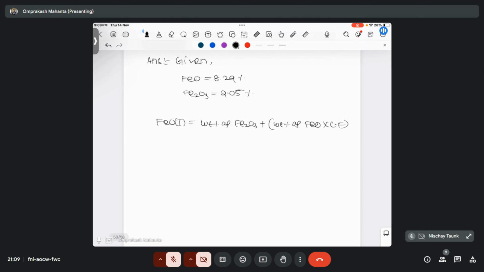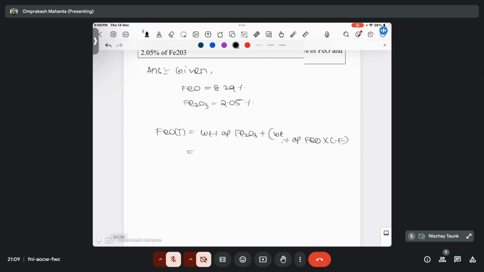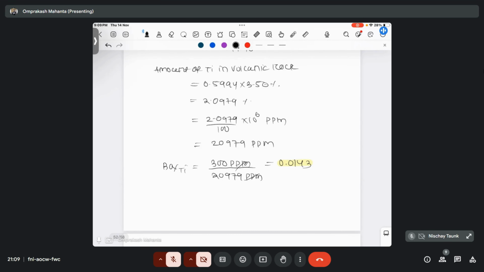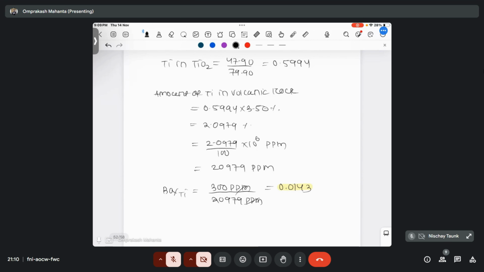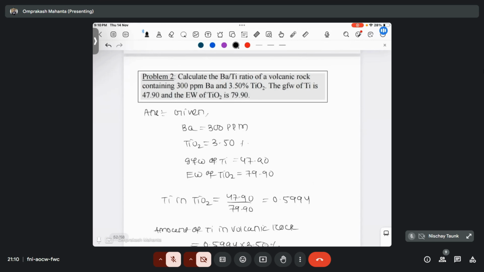I will give you a table for the conversion factor. If we divide the gram formula weight by the equivalent weight, we will get the conversion factor.